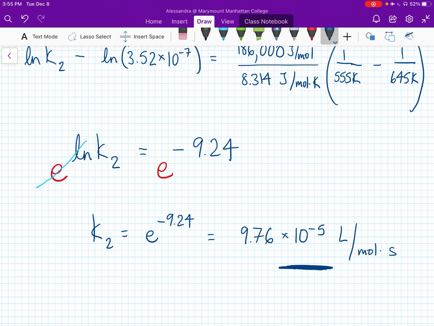You can see it's much faster at the higher temperature. So I hope that makes sense. You can use this Arrhenius equation. Try to use it with a bunch of different problems so you can solve for different variables, not just the rate constant, but the activation energy and the temperature as well.